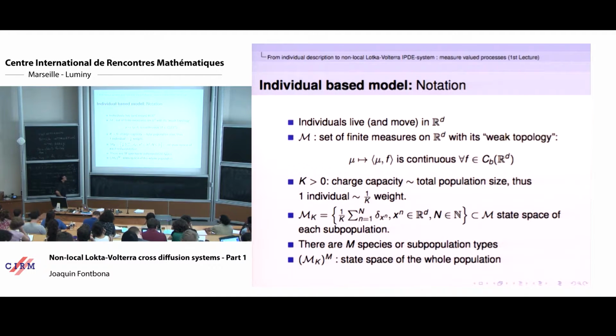So this space will represent the configuration of one population. And since I'm interested in dealing with several species, say capital M, I will work in the product space of these objects, to represent the different species.